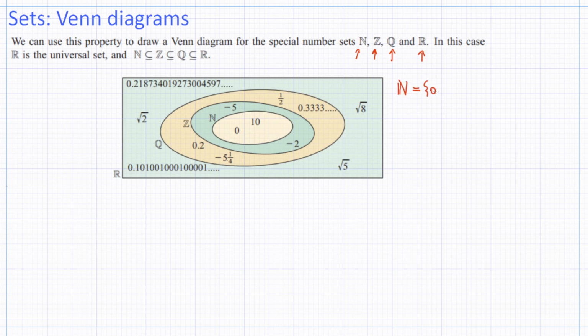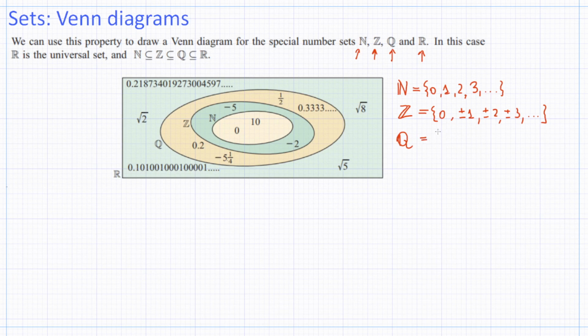Basically numbers that you can count: 0, 1, 2, 3, and goes on to positive infinity. What are your integer numbers? It's all natural numbers, but considering the negatives as well. So 0, plus or minus 1, plus or minus 2, plus or minus 3, and so on, up to plus or minus infinity.